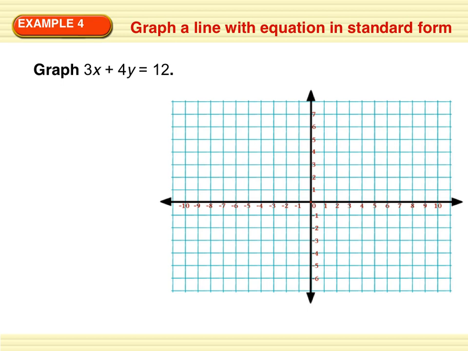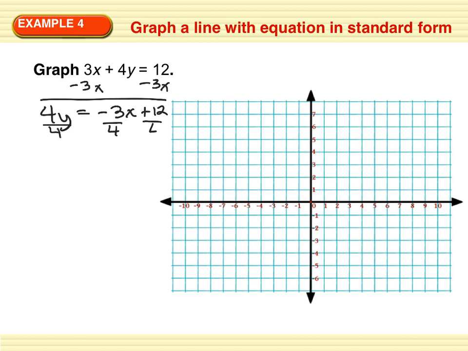So I'm going to subtract the 3x from both sides and get 4y equals negative 3x plus 12, and then divide all 3 pieces by 4. So I get y equals negative 3/4 x plus 3.